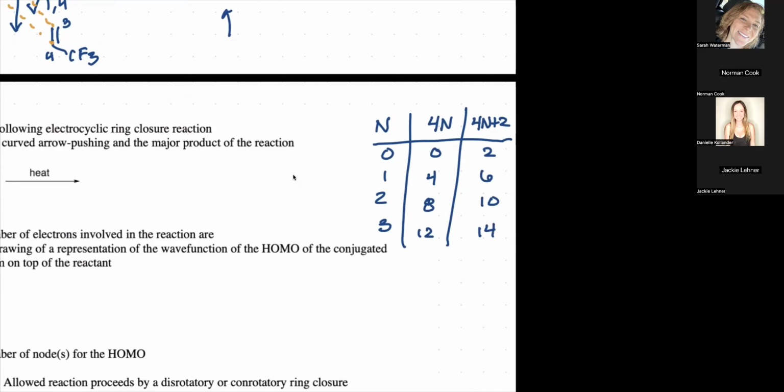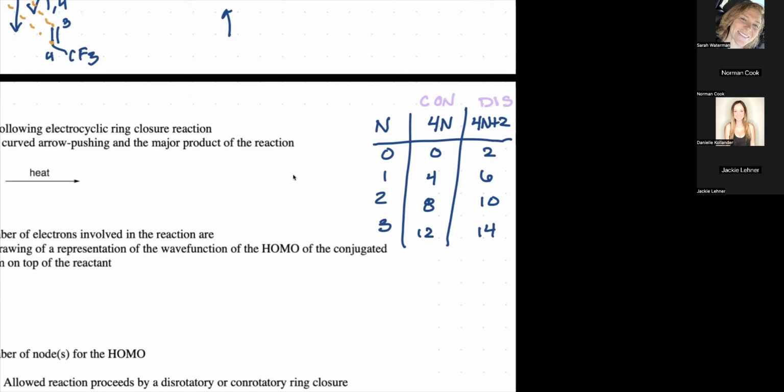So when you have 4N, N is the number of electrons that participate in the reaction, in the cycloaddition, or whatever it is that you're doing here. This is conrotatory, which means that it moves in the same direction. And if it's 4N plus 2, it means it's disrotatory, which means that they move in the opposite direction.